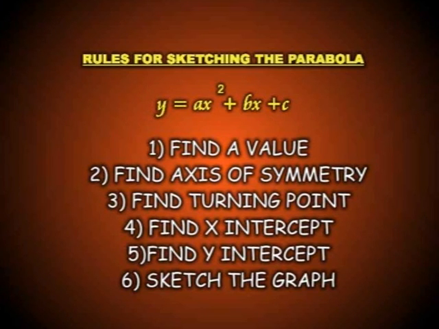We then look at our axis of symmetry. We then put in our turning point, which always lies on the axis of symmetry. We then put in our x-intercepts and then our y-intercept, and we join it, and we have a parabola.